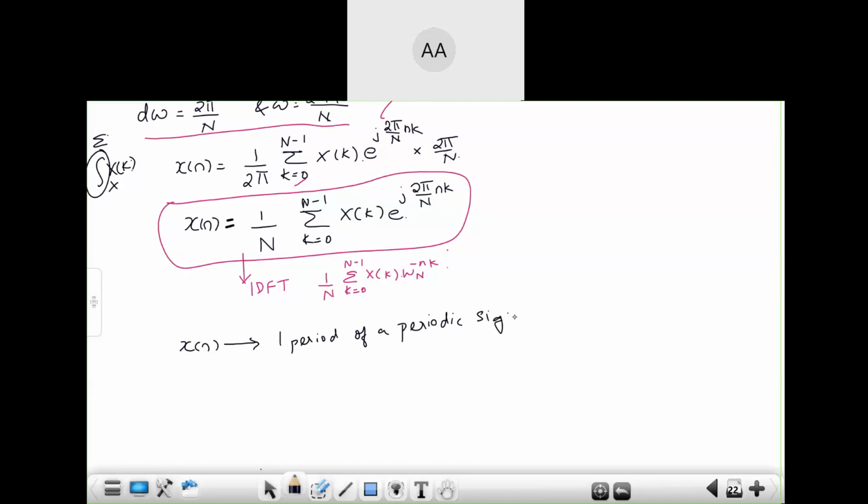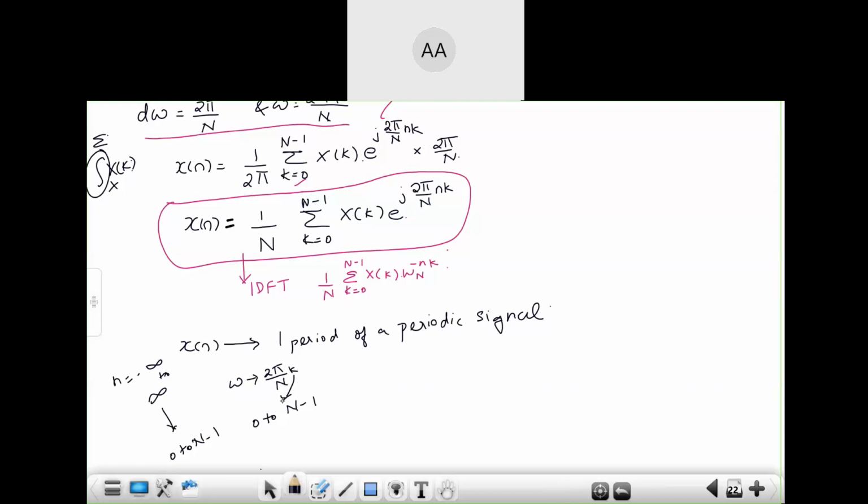That is why instead of taking n from minus infinity to plus infinity, it goes from 0 to N minus 1, because it is periodic. That is why for omega you have a different set of values. You have sampled at 2 pi by N into k values, and k you are taking from 0 to N minus 1. Okay, got this?